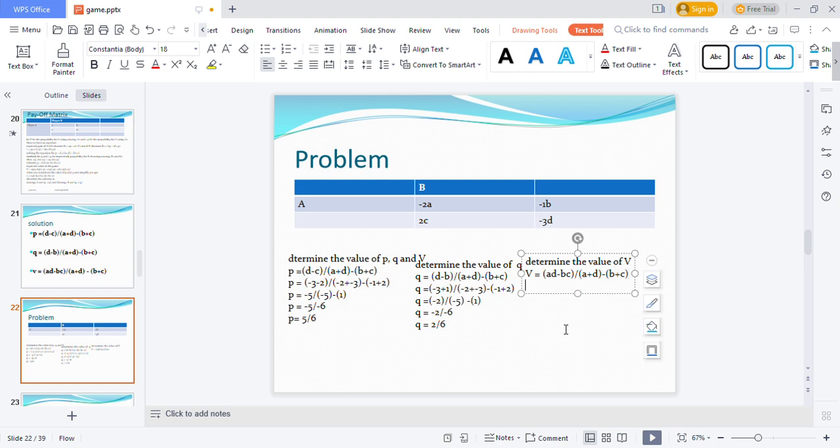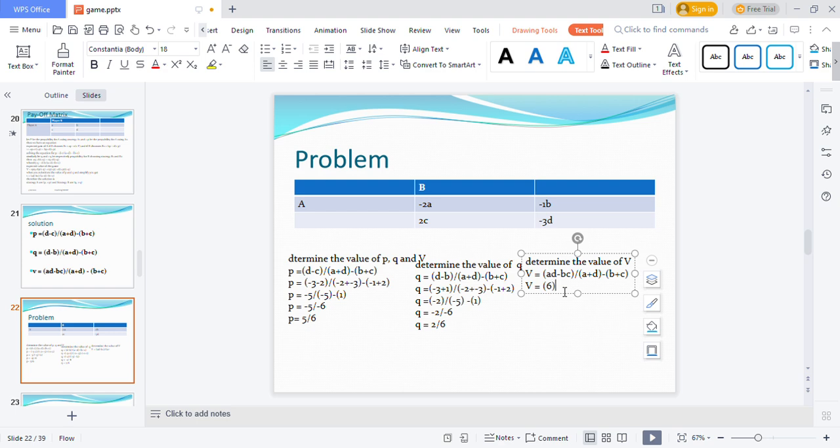Right. Substitute the equation with the values. So V equals, open the bracket, -2 times -3 gives you what? -2 times -3 gives you +6. So we have 6.